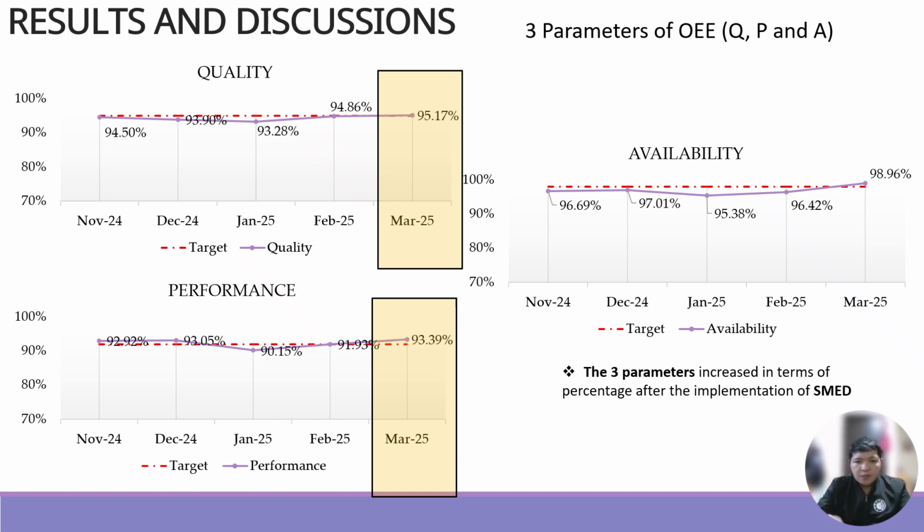Based on the trend from November 2024 up until March, it is the highest result of availability, which means the machine has the most available time, at 98.96%, which achieved the set target of 98%, right?